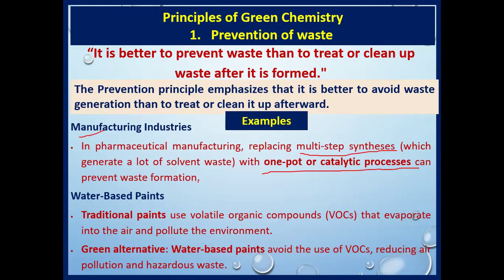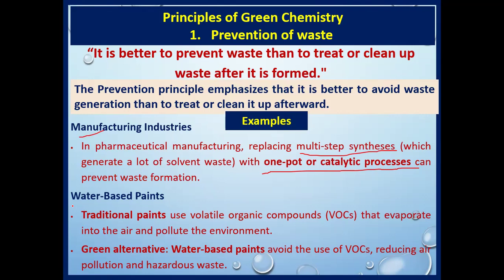So to prevent this wastage of solvent, we can replace multi-step synthesis with the one-pot synthesis method or the catalytic synthesis method. In this way, we can reduce the release of harmful solvents in the environment.